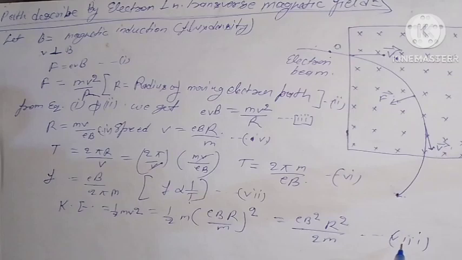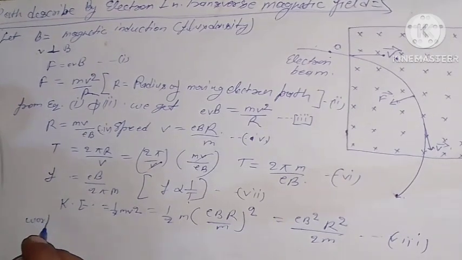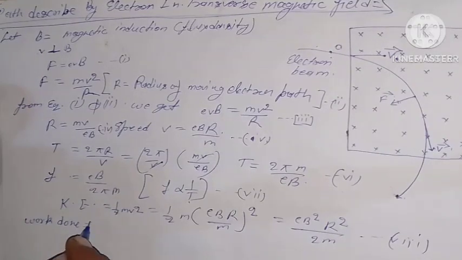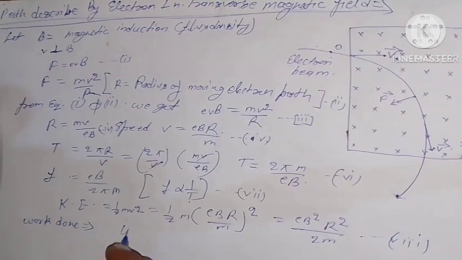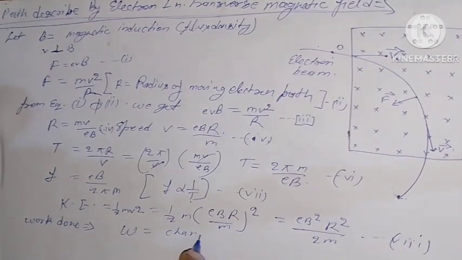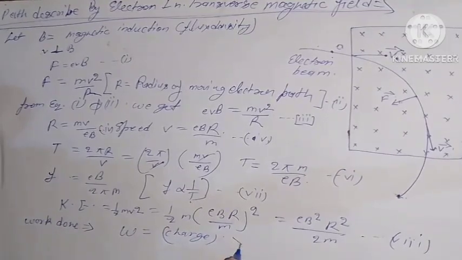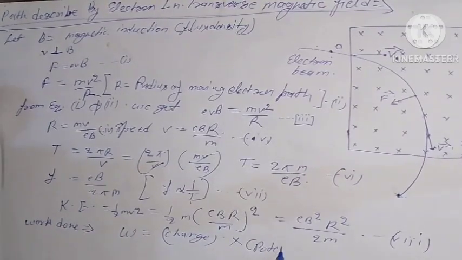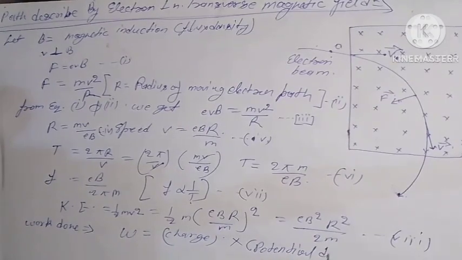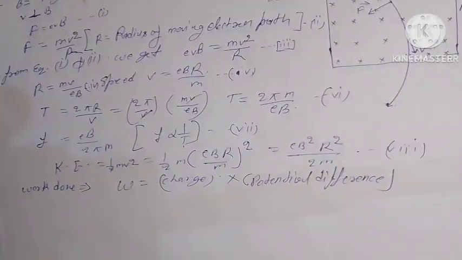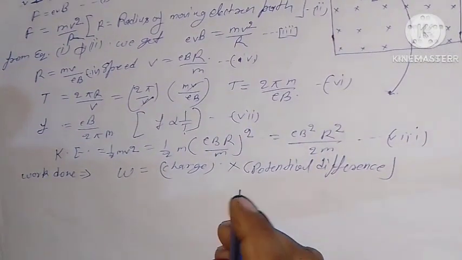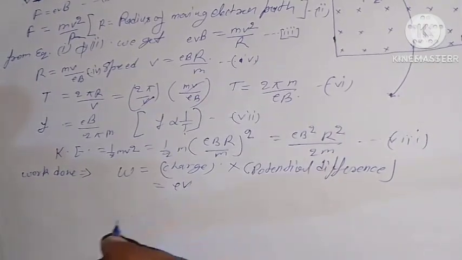Work done. The work done W on the electron by the electric field in moving it from the cathode to anode is given by W equal to charge multiplied by potential difference, equal to eV.